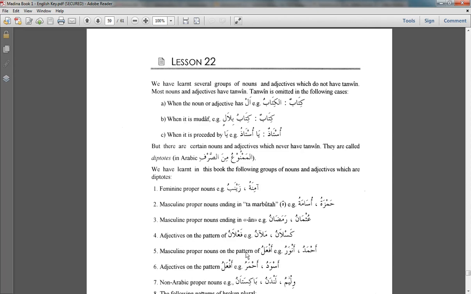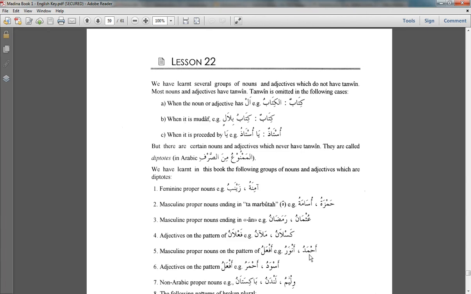Masculine proper nouns on the pattern of af'alu, ahmadu, anwaru. The reason for that is that if it imitates a fi'al mudari', then it will be regarded as غير منصرف. So ahmadu, if you were to take the same word, it also means I am praising.